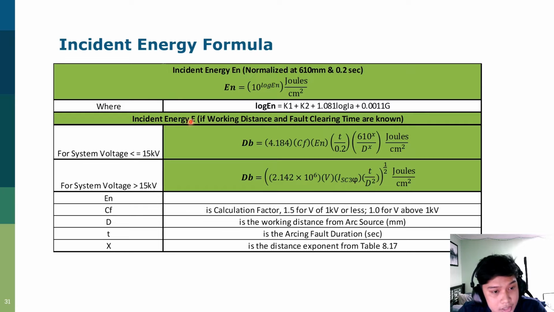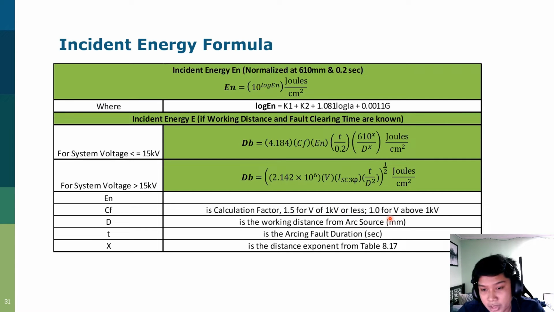Incident energy E for system voltage under 15 kilovolt system, the formula to be used is this one. For system voltage over 15 kilovolt system, the formula to be used is this one. En is incident energy. CF is calculation factor, where 1.5 for under 1 kilovolt.